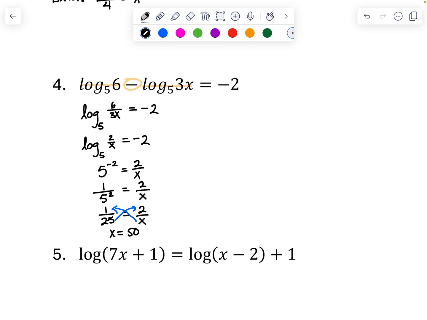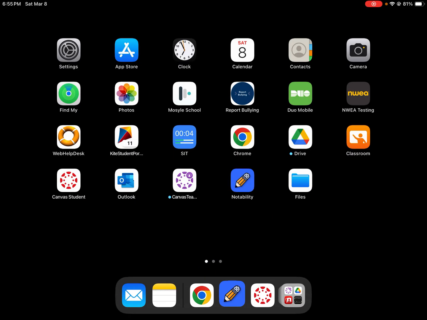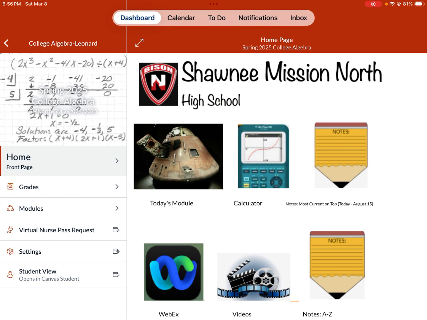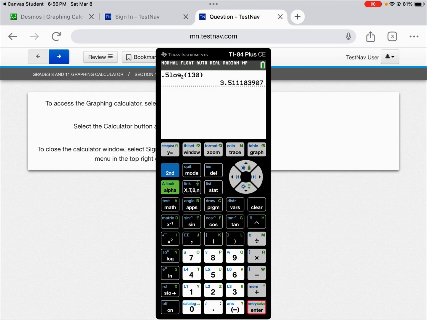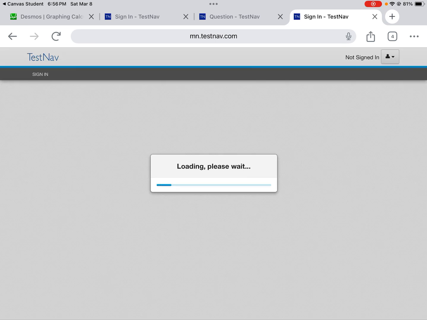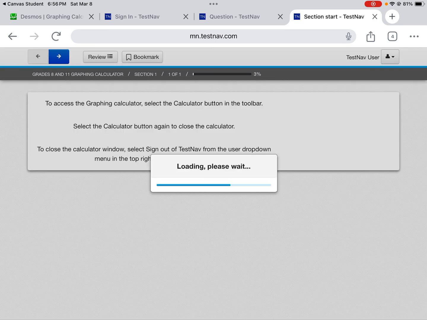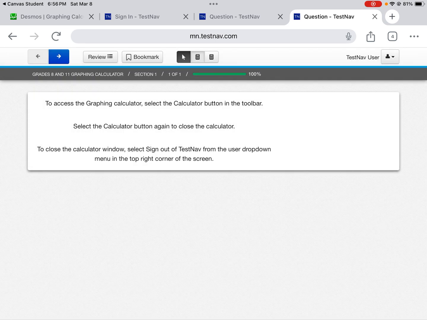So that's log base 5 of 6 minus, okay. So if I check that, I don't know why I just didn't use the one I had up, but I think I forgot I had it up.